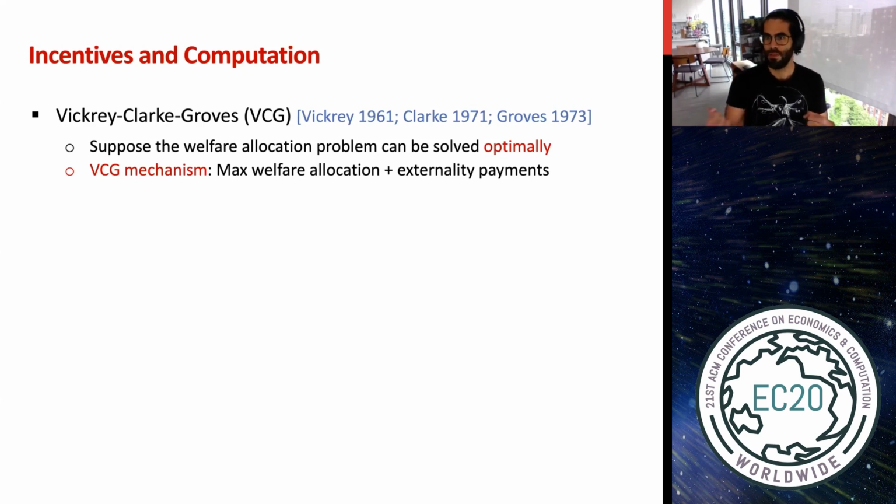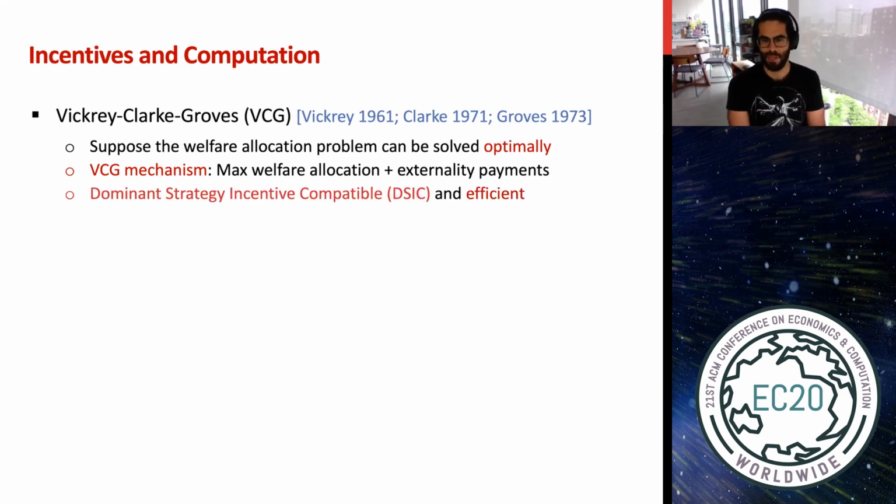If the users of the mechanism report their types, and then given those reported types, you can find the outcome that maximizes social welfare exactly, then you can accompany this allocation algorithm with a bunch of payments called externality payments, and you can internalize their externality in some sense and get a mechanism that is not only efficient, maximizing social welfare, but also satisfies the strongest notion of incentive compatibility, basically dominant strategy incentive compatibility.